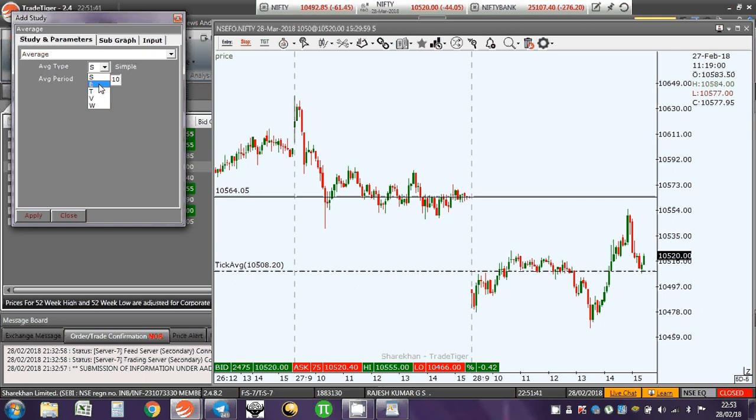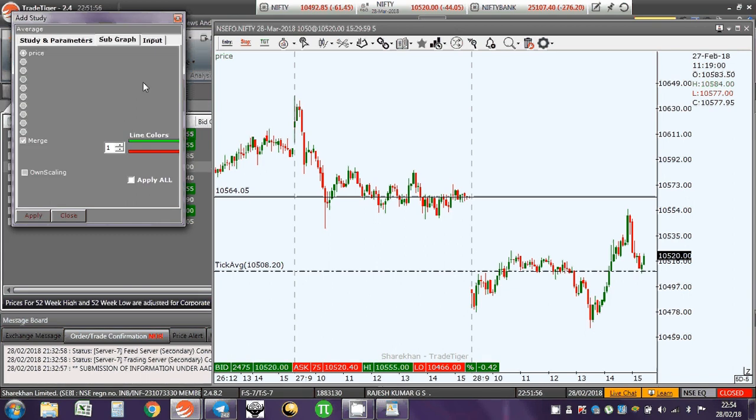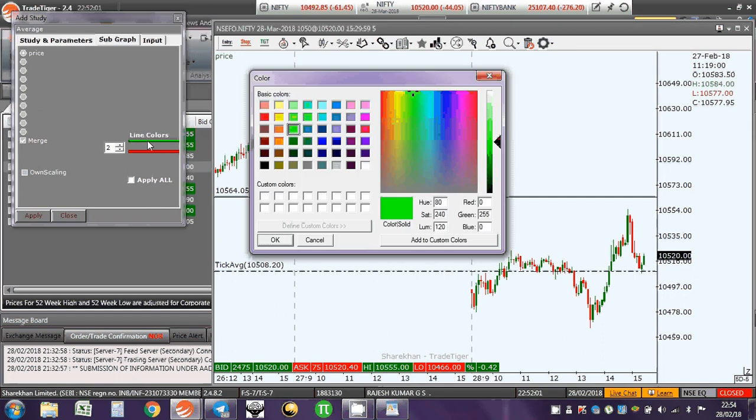So I give you those strategies which I use normally. Exponential, then I use 5 day period, that is 5 days period, and we'll color it. Okay, I'll use blue.